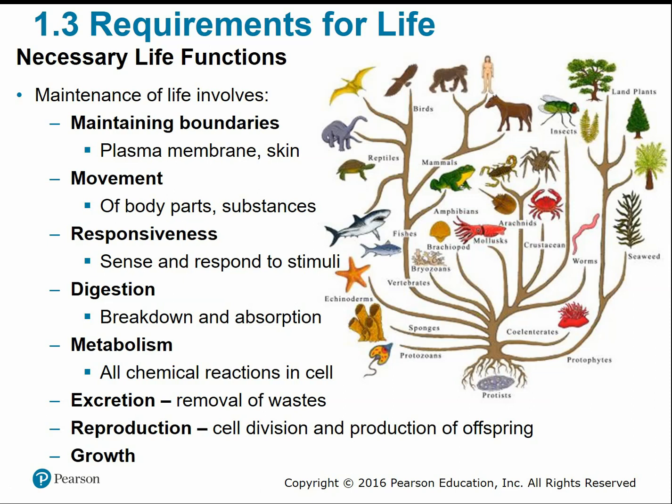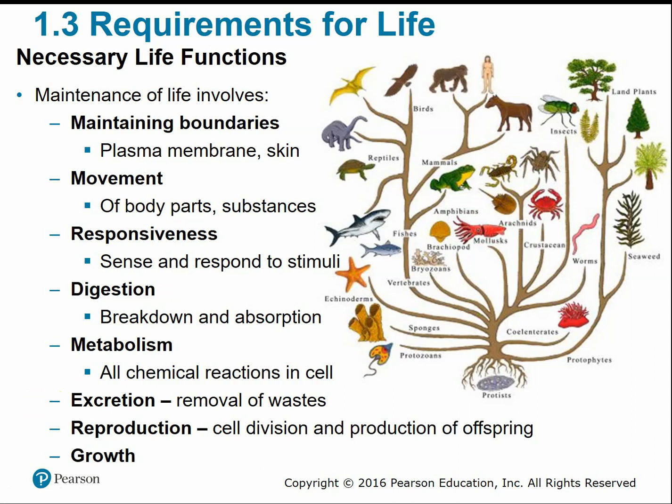So we take the protein that we digested from our lunch and we use that to make new muscle fibers and our own proteins. Another necessary life function is excretion. Through our metabolism, all of these chemical reactions, some waste products are going to be produced along the way. So we need to remove this waste so it doesn't build up and cause problems.